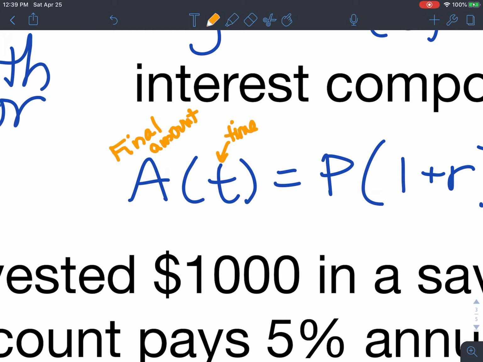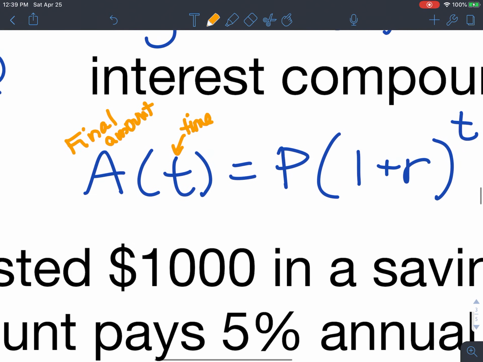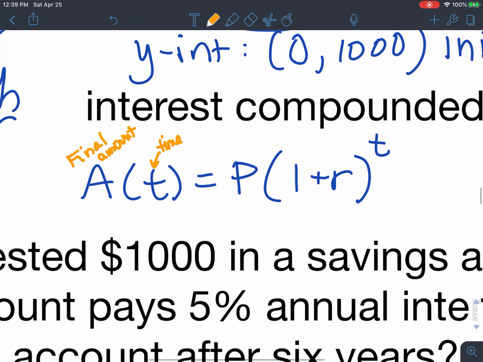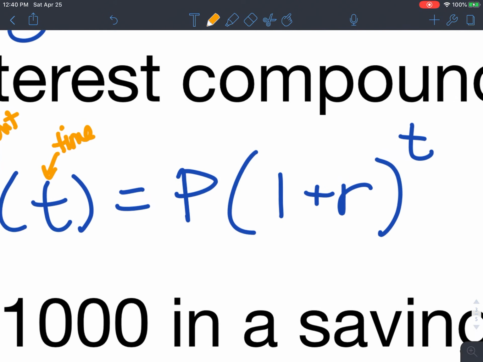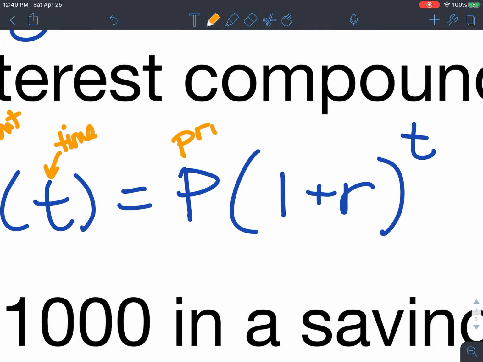T is the time that has passed. It's usually in years. It's interest, it's in years, but if it was not interest, if it was something else that was growing, it could be in a different amount of time. P stands for principal, but what that really means for us is the initial amount.